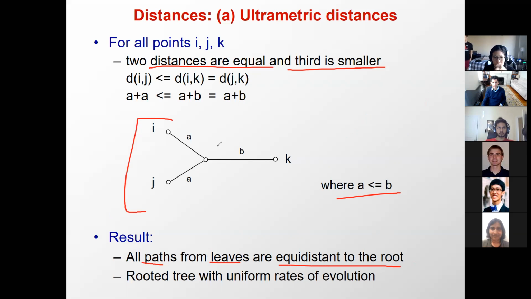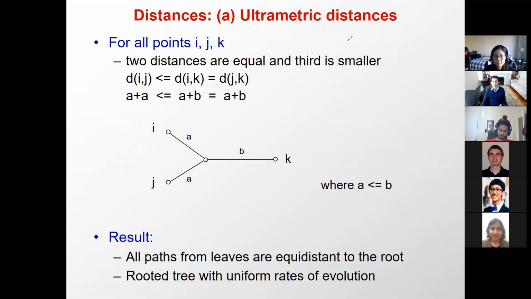There's a root somewhere in here, and the root must happen in the longer branch because all of them are equidistant. That's why the longer branch must be the one where the root is, and that's what this is telling us. So this corresponds to a rooted tree with uniform rates of evolution.